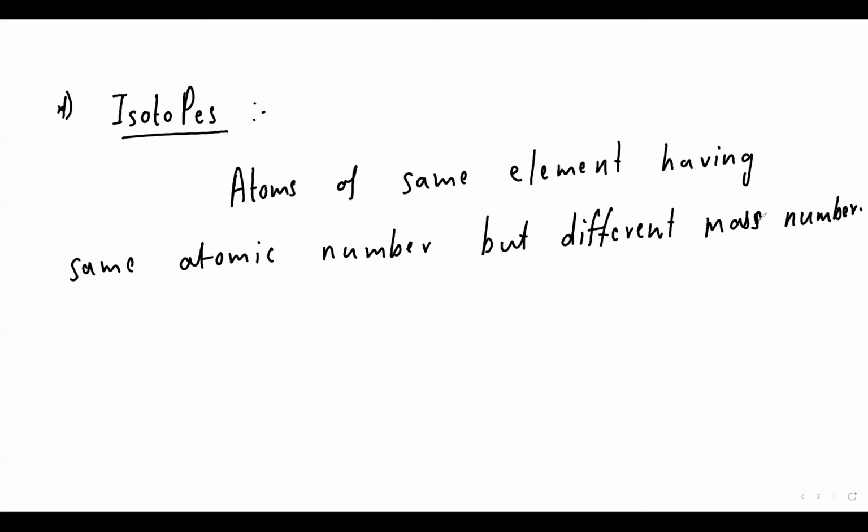Carbon has many, chlorine has many, but for your syllabus you have only hydrogen isotopes. I'm writing three things here, beta. Can you see? Hydrogen, hydrogen, hydrogen. The atomic number is one, one, one, but the mass number is one, two, three. What we write below is the atomic number.